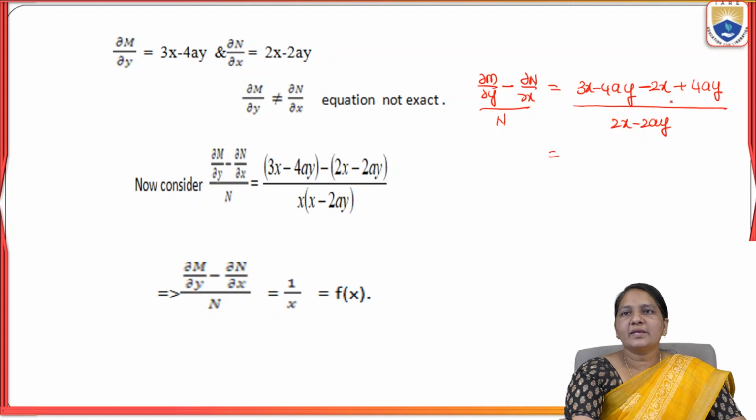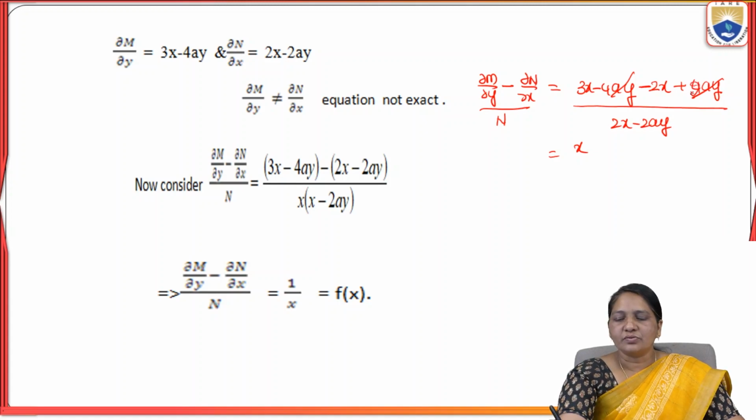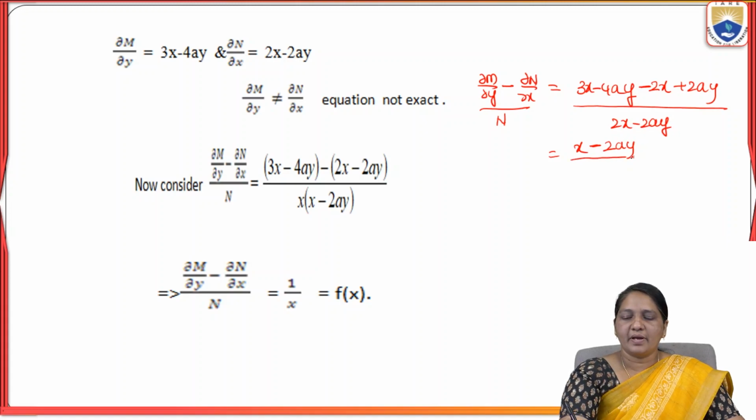Here 3x minus 2x is x, and minus 4ay plus 2ay is minus 2ay.